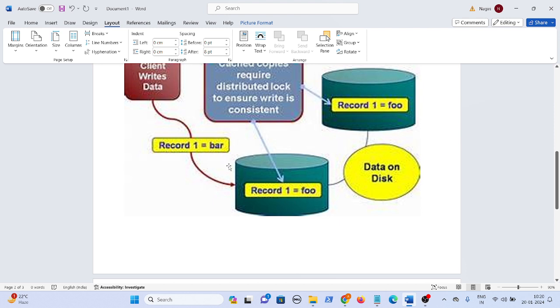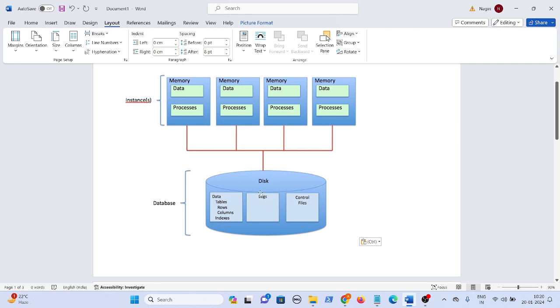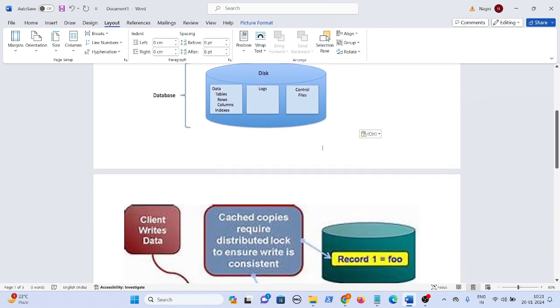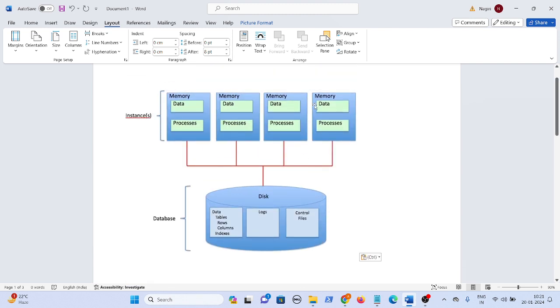Now let us assume a user comes and wants to update the foo value to bar. If you just update the disk, you will have stale entries in all these machines, right? In shared disk architecture, whenever a write happens, along with updating the disk, it updates the cache copies of all these machines. While updating the cache copies, it has to obtain a lock.